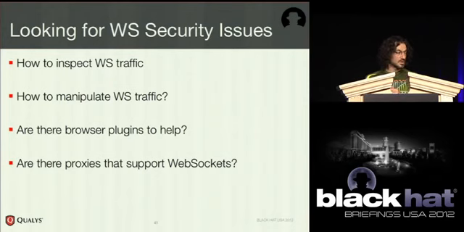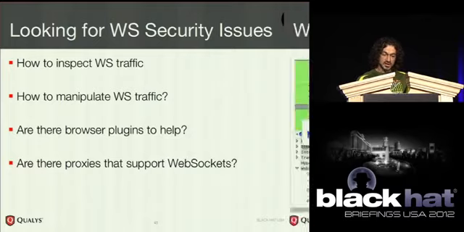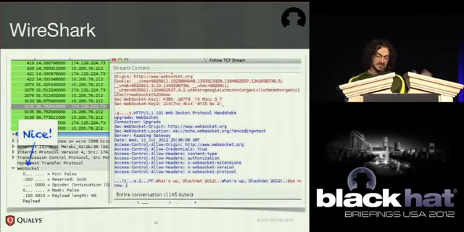So far, for inspection, we have Wireshark, which nicely decodes the WebSocket traffic, unmasks, and can show the history. But of course, it's read-only, so we can't do anything with the traffic. Still, a good step, and this was done recently, so good on Wireshark.